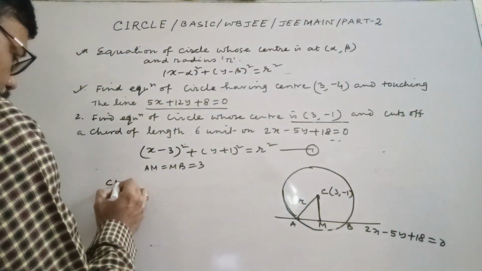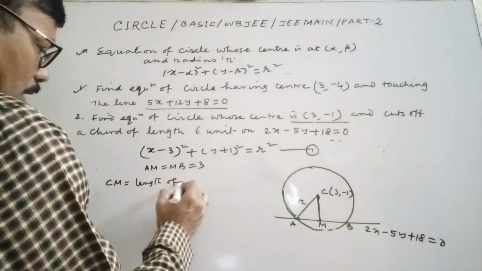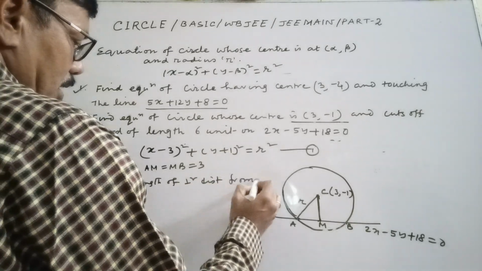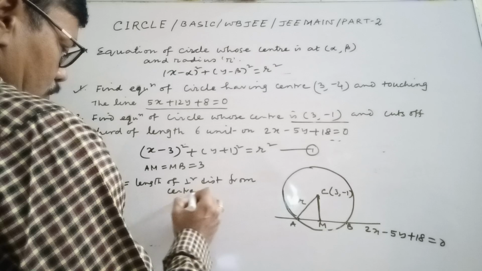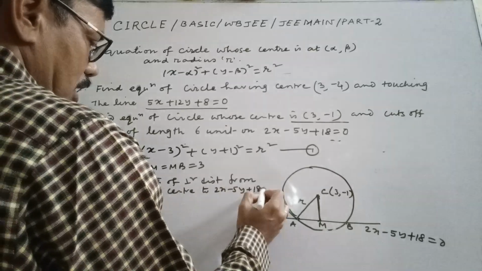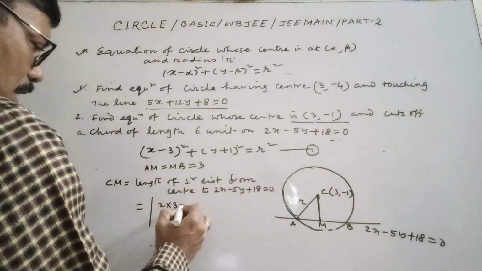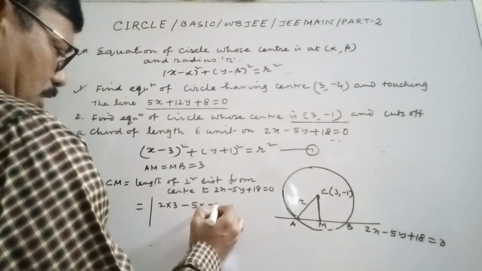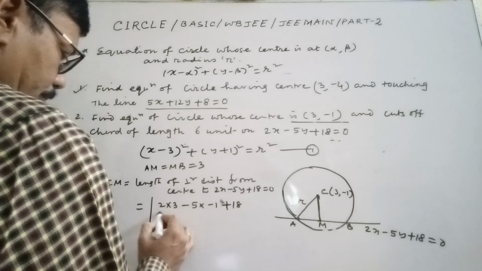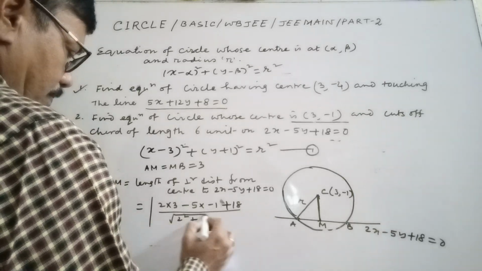What is CM? CM equals to length of perpendicular distance from center to 2x minus 5y plus 18 equals to 0, equals to 2 into 3, 5 into minus 1, plus constant unchanged, by root over 2 square plus 5 square.